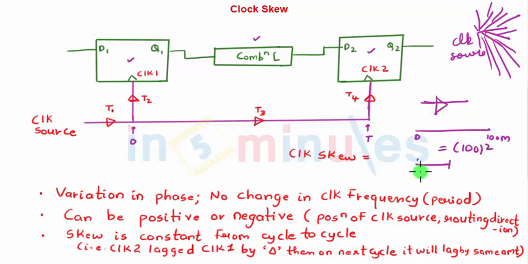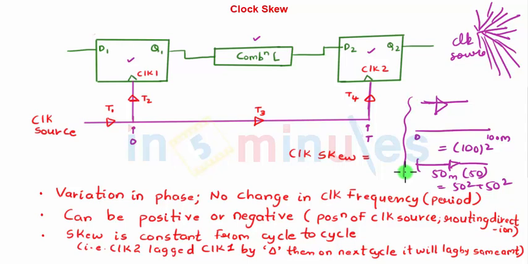If I break it into two parts by adding a repeater in between, and say the first interconnect is 50 and the other interconnect is also 50 meters, then it will be 50 square plus 50 square, which would surely be less than 100 square. This is just for your reference, guys.